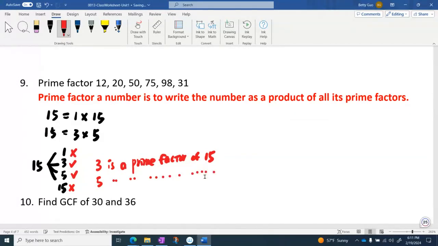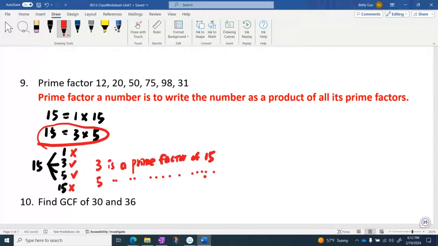5 is a prime number, and 5 is a factor of 15. That makes 5 a prime factor of 15. So 15 has 2 prime factors, and in this equation, on the right side of the equation, we wrote 15 as the multiplication of 3 and 5.